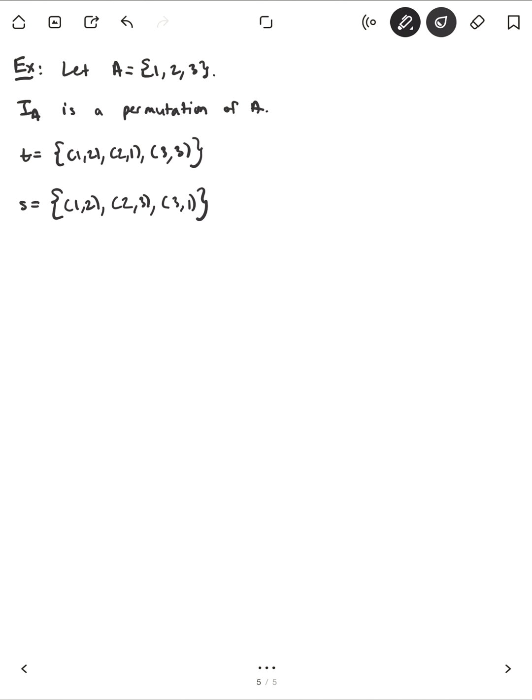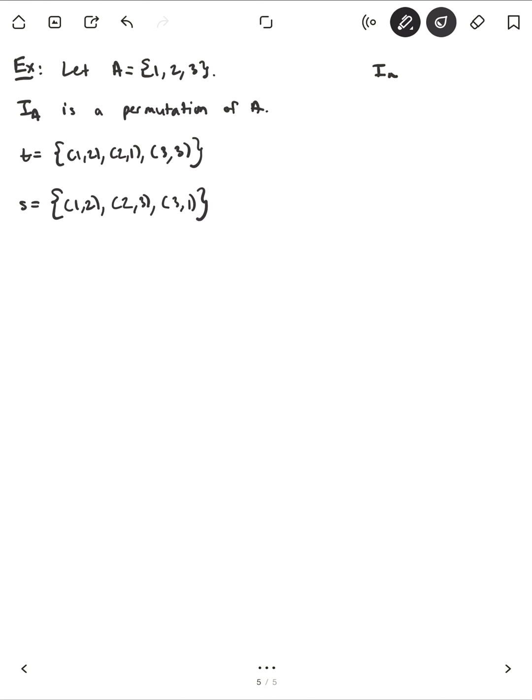And so one thing that people like to do, especially when they're thinking about permutations of small finite sets like this, is to write in this sort of image format what the permutations are doing to the set A. Let me say what this image format is.